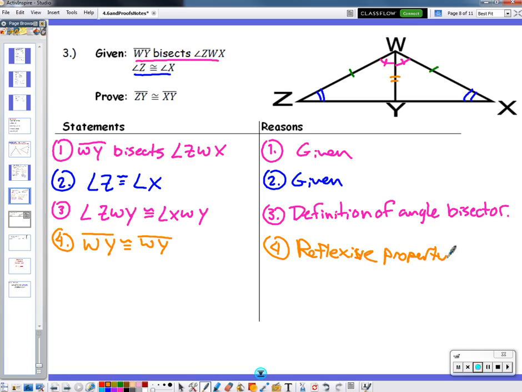But when I pick that side, the 2 triangles that I'm visualizing here are triangle ZWY and triangle WYX. Well, no, it actually doesn't want to be written the way I said it.